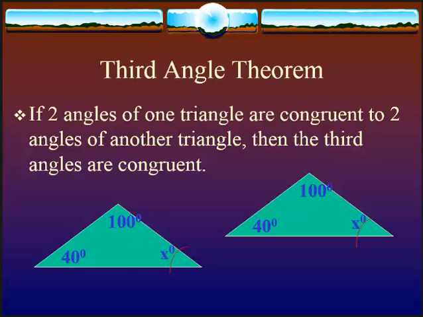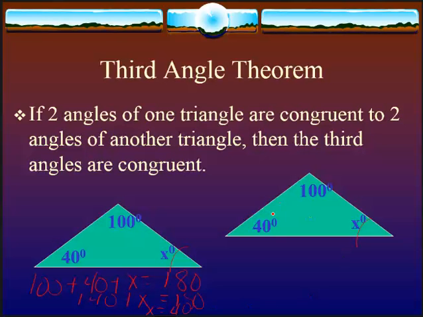Why is that? How could we prove that? What did we say all three angles have to add up to be? 180. So over here I have 100 plus 40 plus x equals 180. So 140 plus x equals 180. If I subtract 140 from both sides, I get x equals 40.